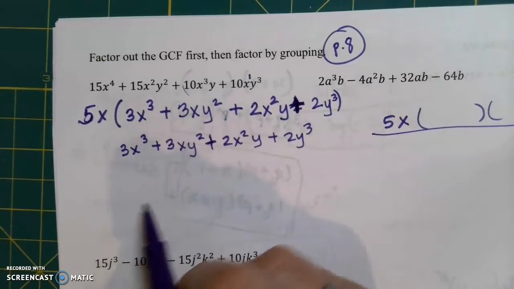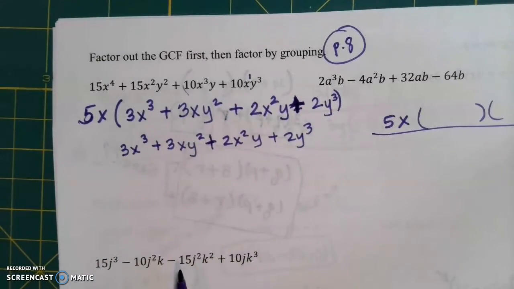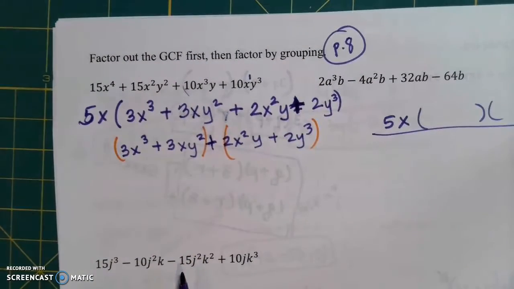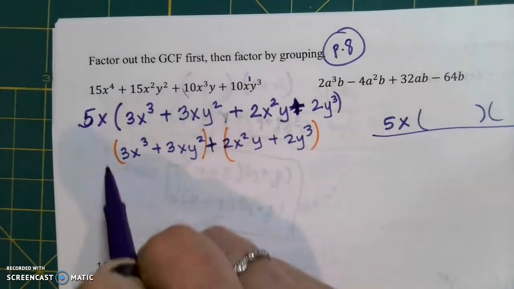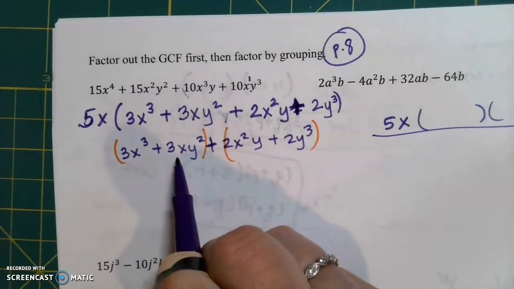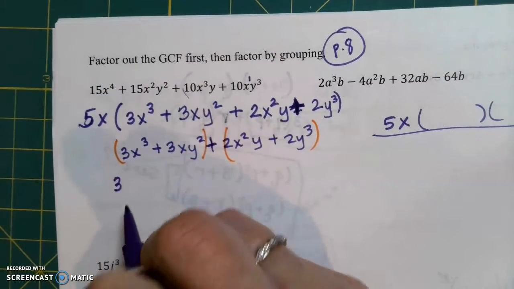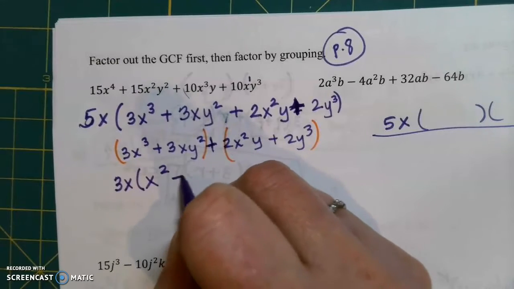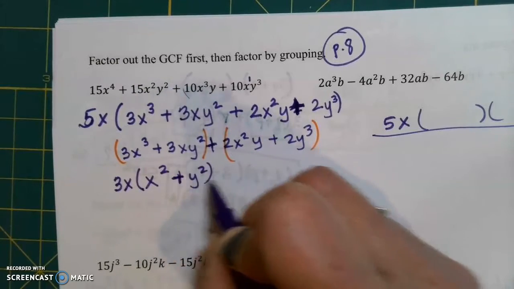All right, so then I am going to try looking at what happens if I pair the first two and the last two. Here I would have a common factor of 3 and then a common factor of x. So then this would be x squared plus y squared.